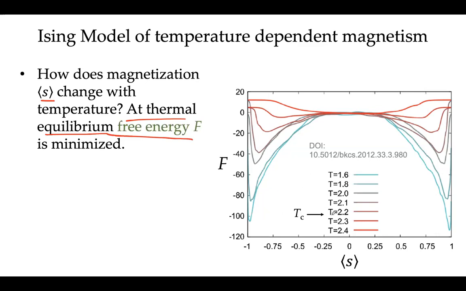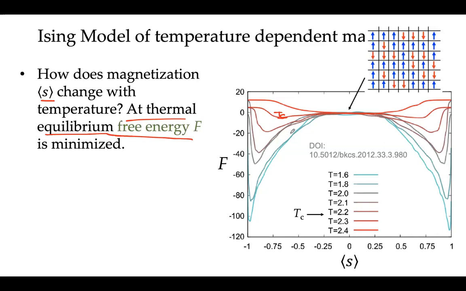And the phase transition happens around 2.2. So this curve is the one at Tc. Above this curve is high temperature, and the curves below the Tc curve are the low temperature curves. You can see that F has minima at different positions depending on the temperature.